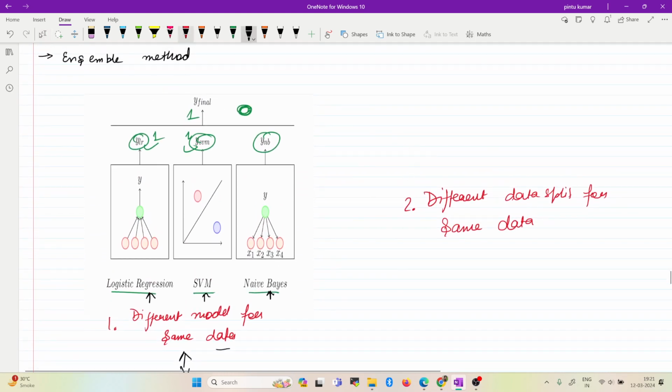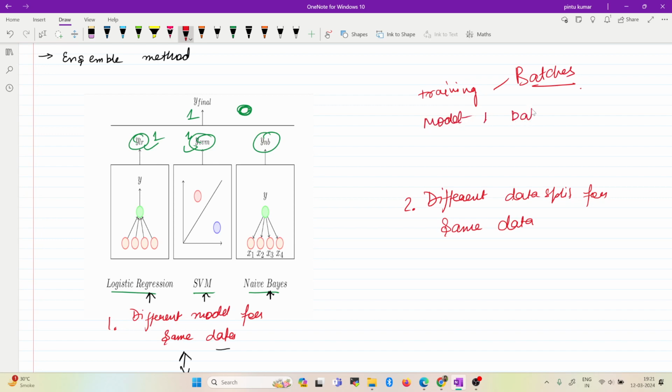Another ensemble method is that you split your data set. Let's say you split your training data set into some batches. You train model 1 on a specific batch and save the weights. Then you train model 2 on batch 2, save the weights, and so on.